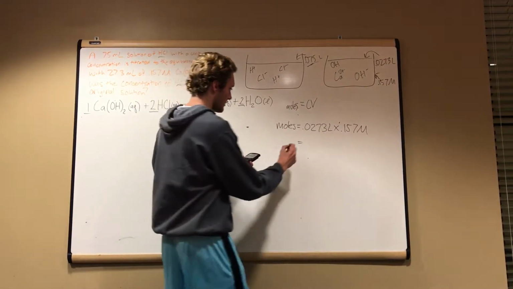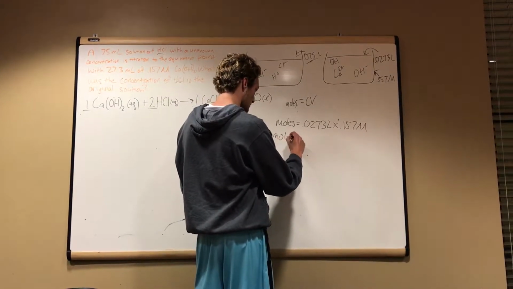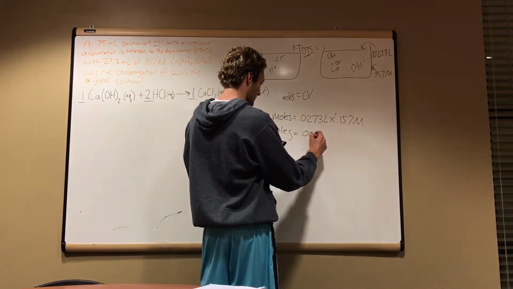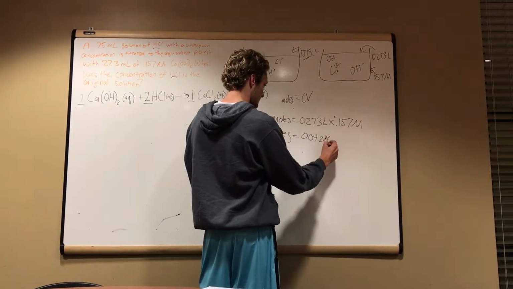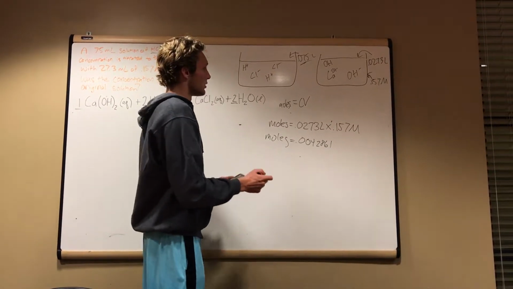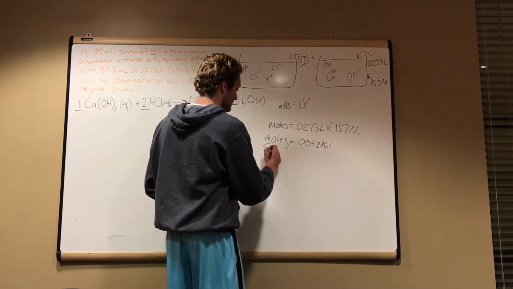So moles, when we multiply this, equals 0.0042861. So that gave us moles of Ca(OH)2.